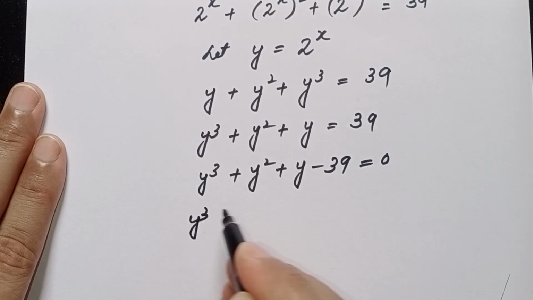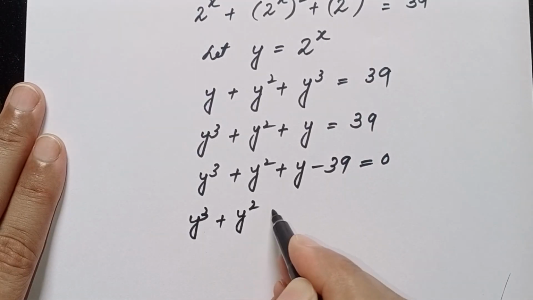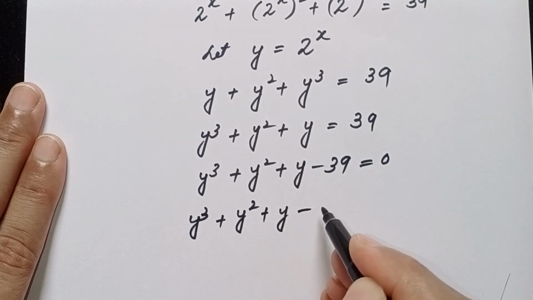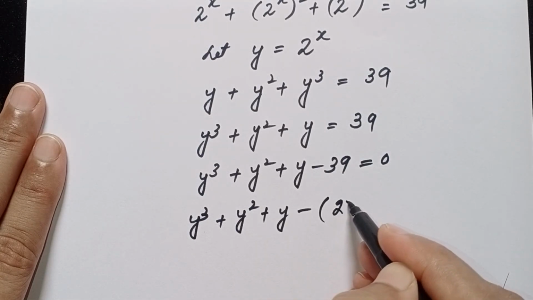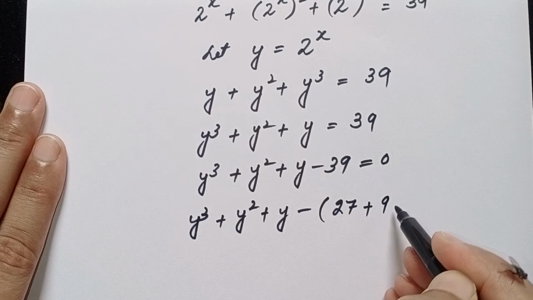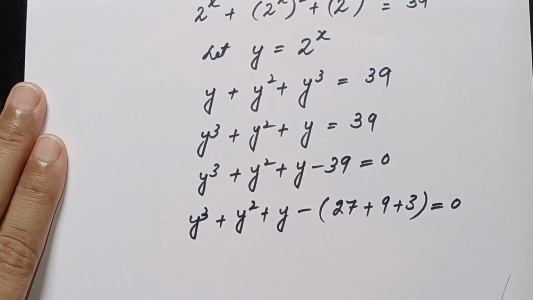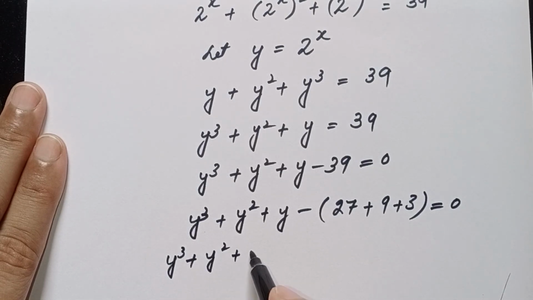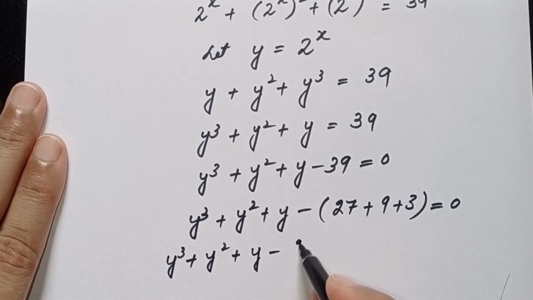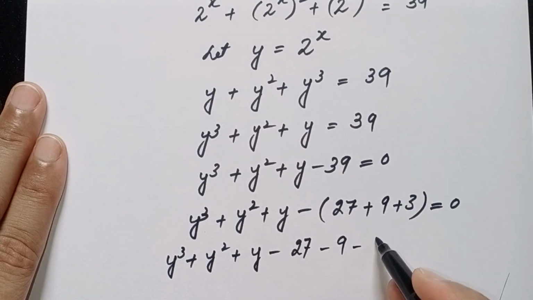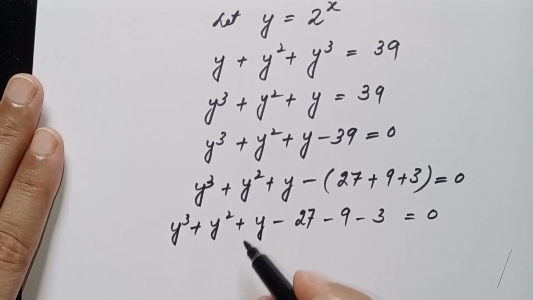So now y cube plus y square plus y minus 39 can be written with 39 as 27 plus 9 plus 3. It will be y cube plus y square plus y minus 27 minus 9 minus 3 is equal to 0.